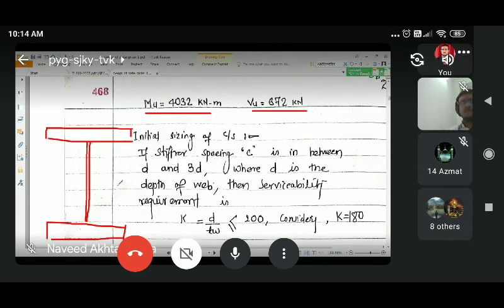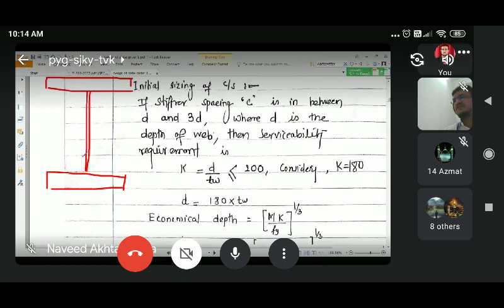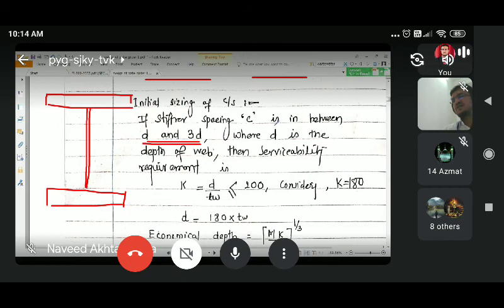So initial sizing of the cross section depends on the stiffener spacing C, because your design depends on the stiffener spacing. We are considering that the spacing of stiffeners we are using in our plate girder is between D and 3D, where D is the depth of the web.